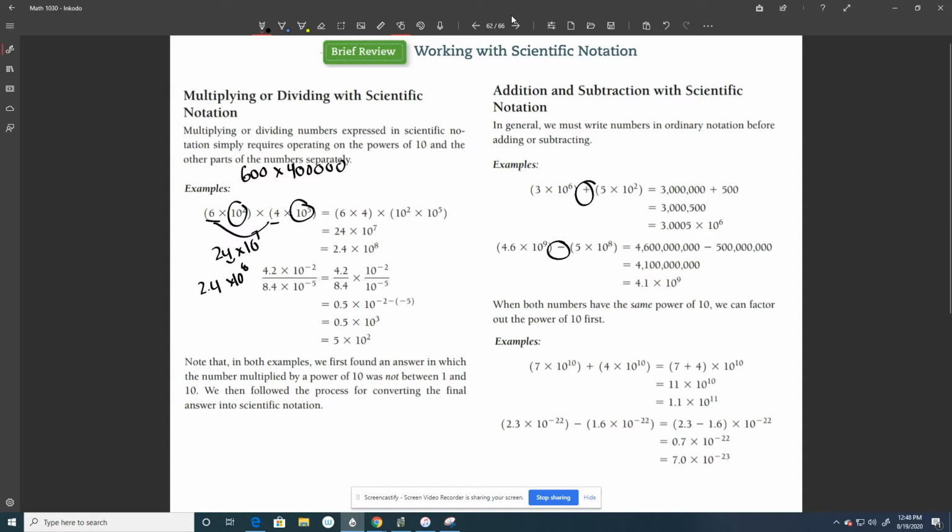You have to put it in standard form or ordinary notation before you add or subtract. It's not as simple as when you multiply, because you can't just take 3 and 5 and add them together and then add the 10 to the 6 and the 10 to the squared. That doesn't work. Okay. So if you multiply and divide, leave it. Otherwise, convert it, then add. Pause the video, go through those examples there. Make sure you remember how to do those problems. Hit play when you're ready to move on.